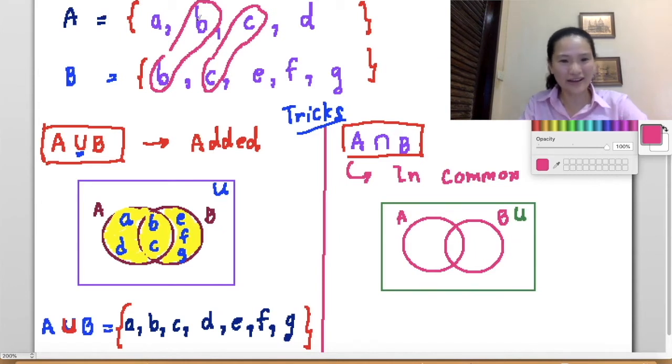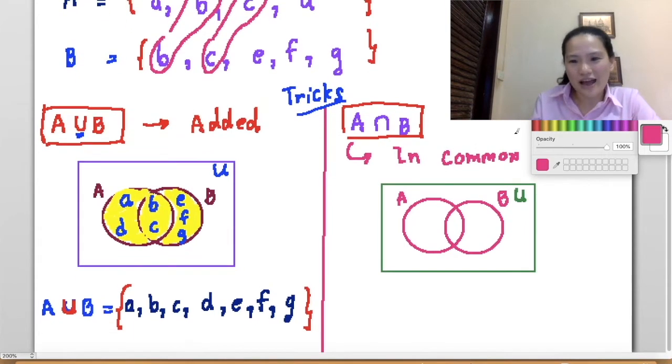Okay, well, I can see B. We got B in set A and we got B in set B. And we get C in set A and C in set B. So that means the members of the intersection are here.